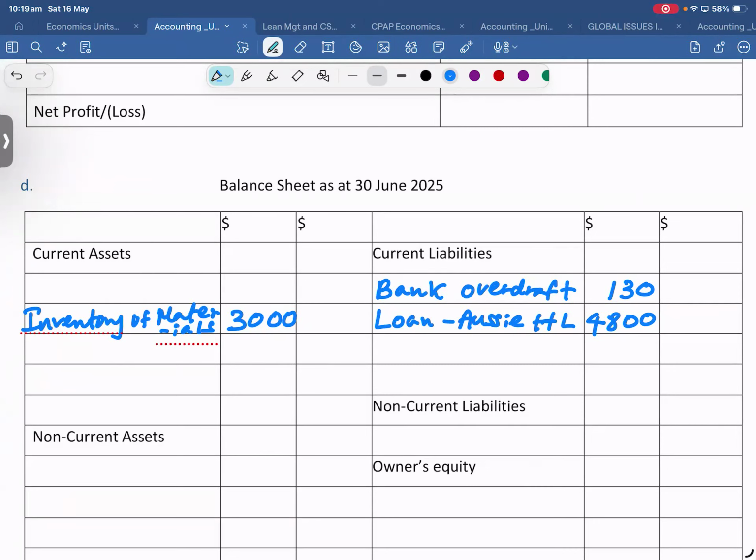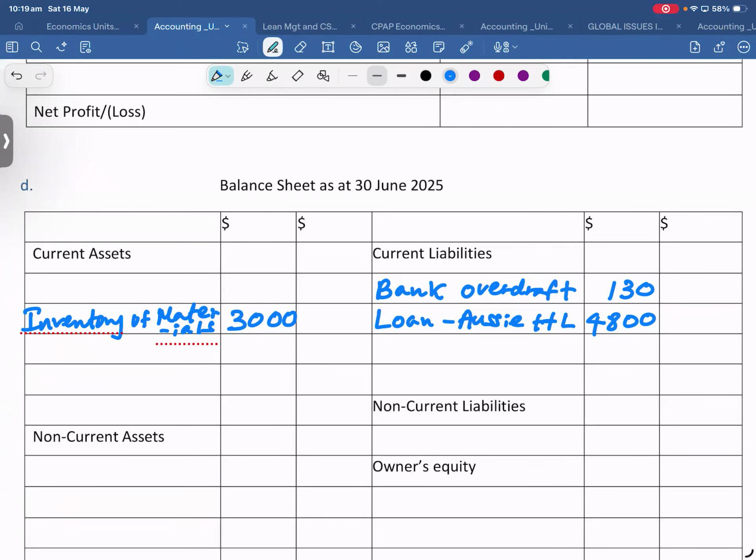But 400 is the payment for the month, so why wouldn't you write that instead of 4,800? What's the rule for current liability? What do we mean by current?